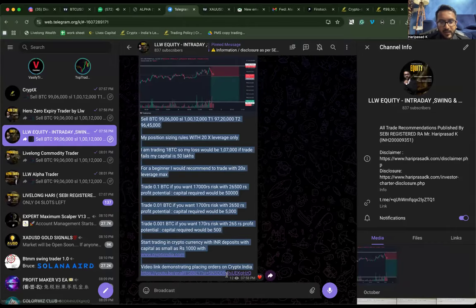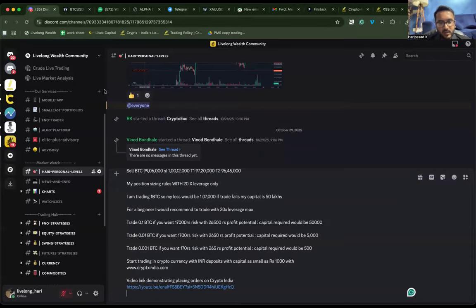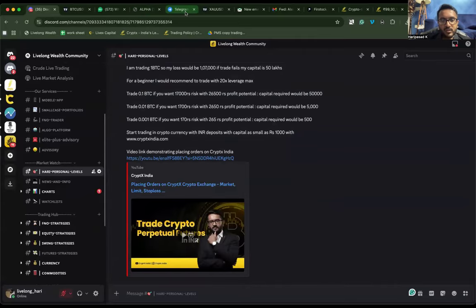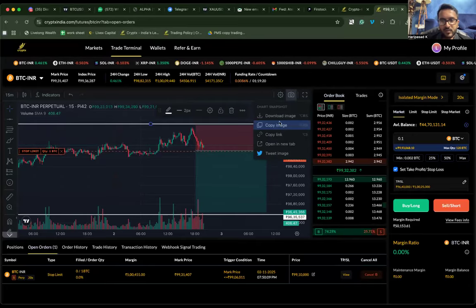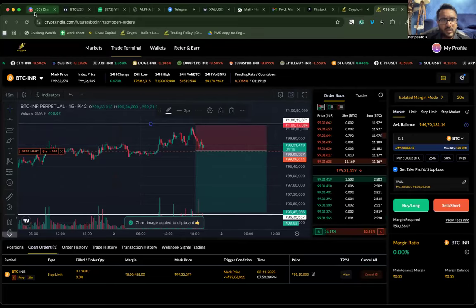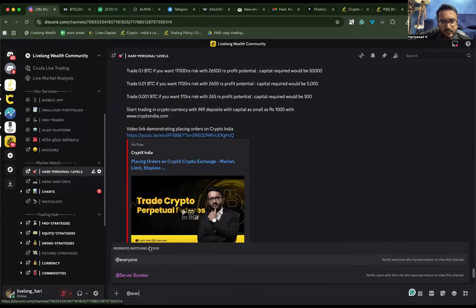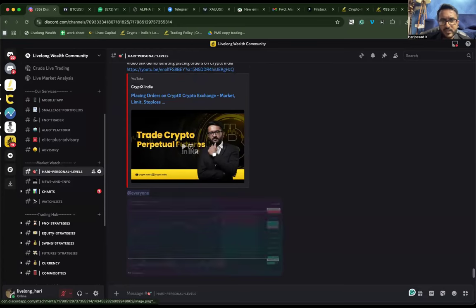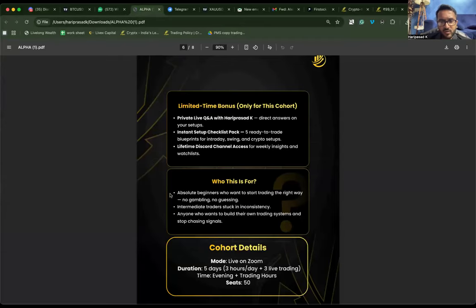You will get access to the Discord so that you are not alone in your trading journey. This Discord is also a place where we keep updating our setups. The beauty of Discord is that you can discuss with your peers why these trades were taken. All these benefits are going to be there.